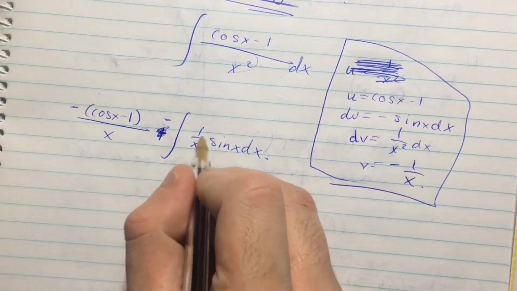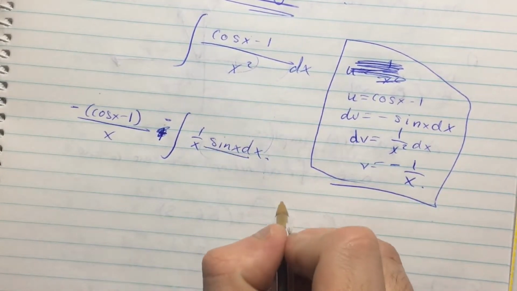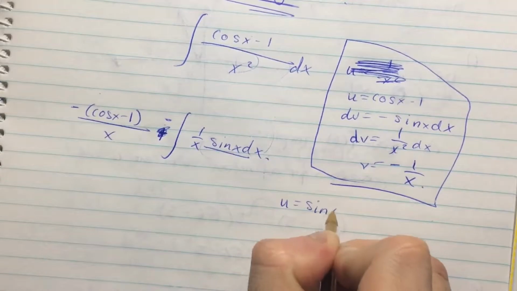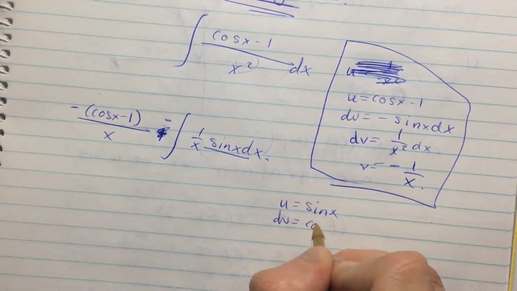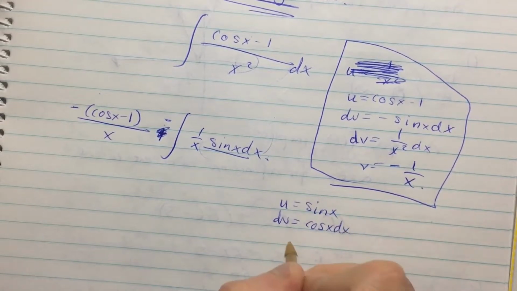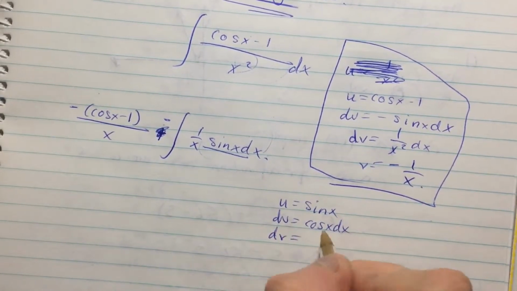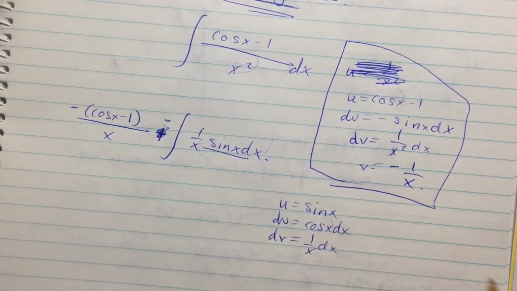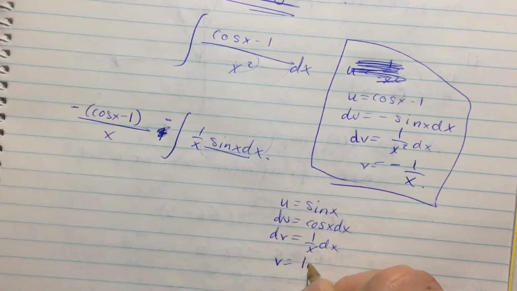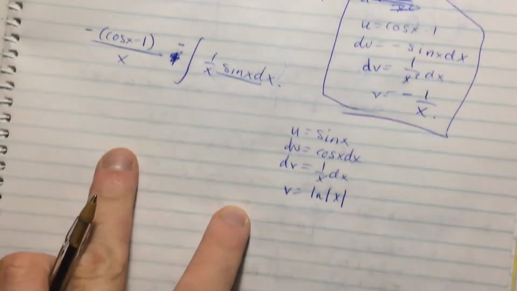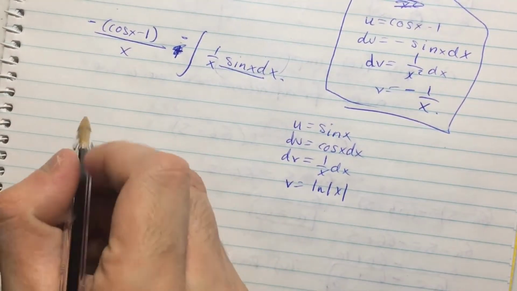So let u equal sine x. du, well, we all know the derivative of sine x is cosine x dx, and that means dv must equal 1 over x dx. Well, the integral of 1 over x is the ln of the absolute value of x, so let's plug that in.